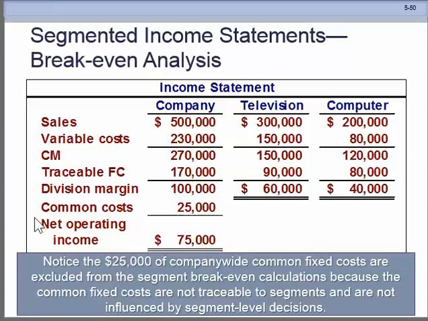Notice the 25,000 of company-wide common fixed costs are excluded from the segment break-even calculation because these aren't traceable costs. We cannot use things like the CFO or the CEO's salary as part of a decision to keep or lose a segment. It just doesn't make sense.